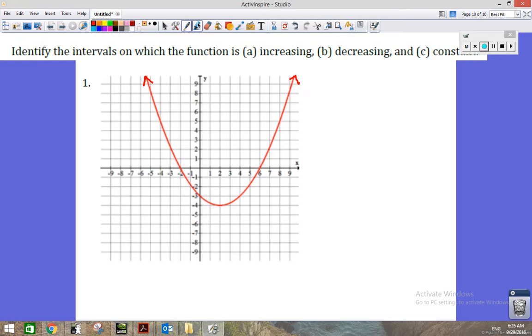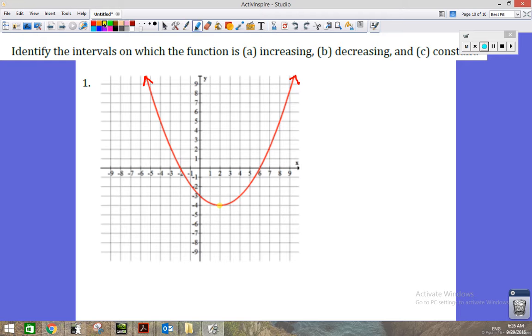Alright, so let's highlight where this function is increasing. We know that as you move from left to right, you're going down. So in this portion of the graph, we're going to see that it's decreasing. And then we hit the vertex of this parabola and things change. All of a sudden we start going up, where the function is increasing.